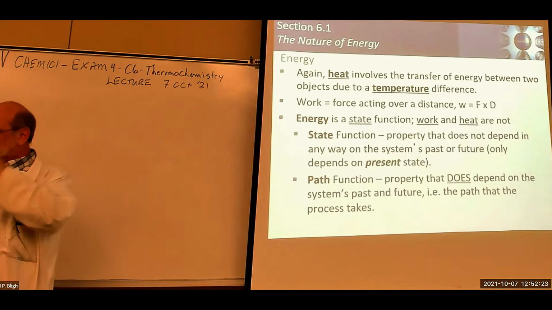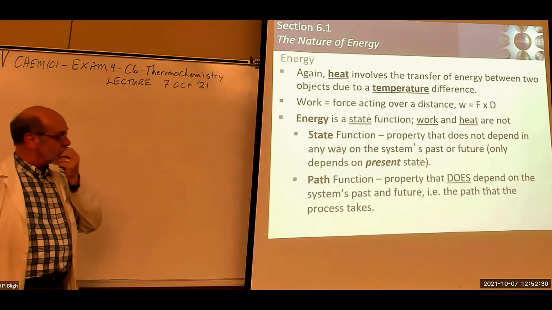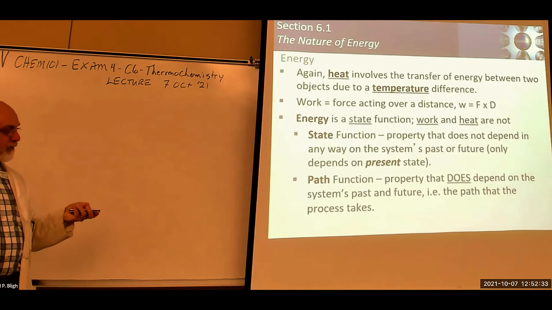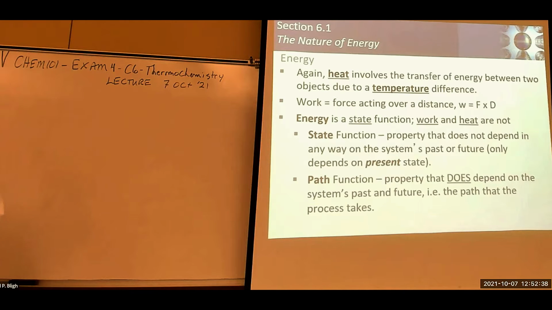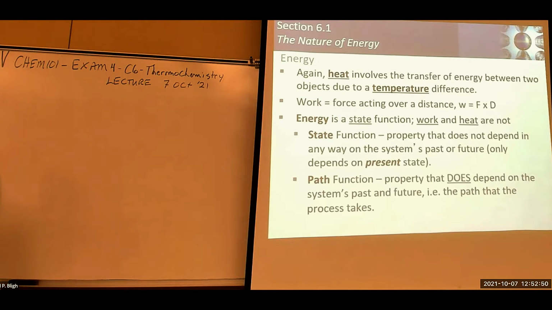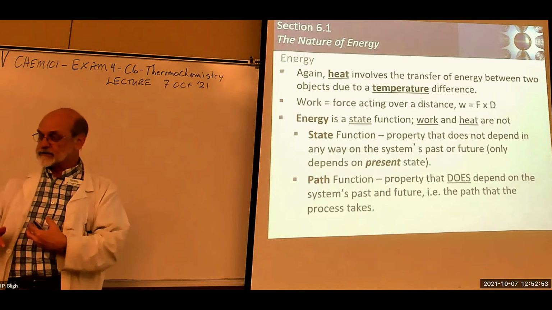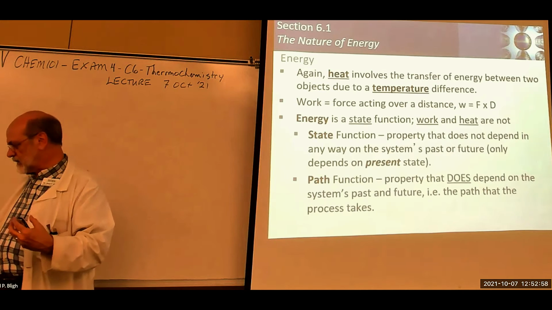So it's called a state function because the only thing that matters is its present state. Where is it right now? A path function, on the other hand, is one that does depend on the route taken to get where it is. When we talk about heat transfer, when heat is transferred from one object to another object, then to another object, it'll give you a different value than if you transfer the heat directly from this object to the last object.